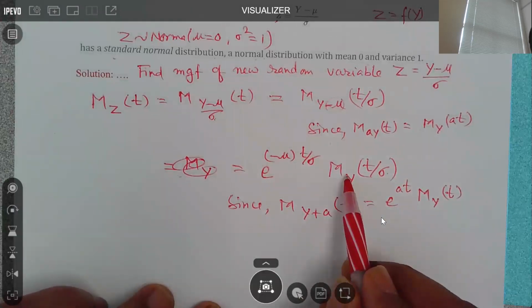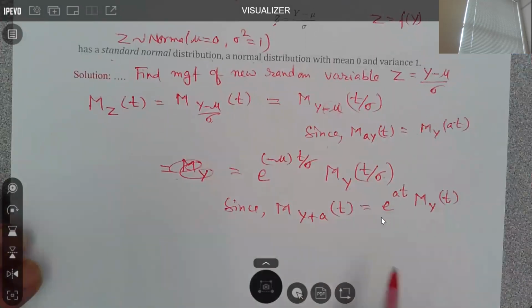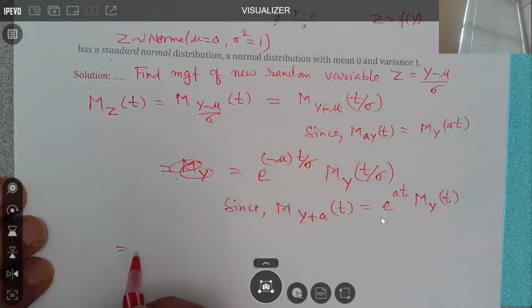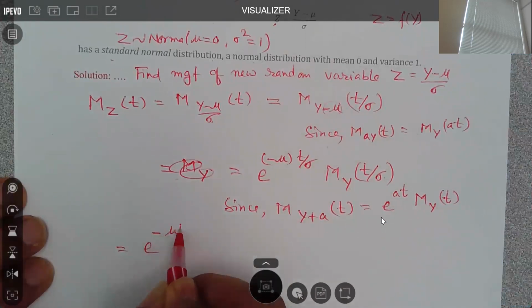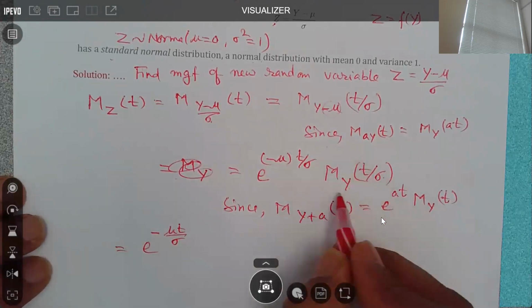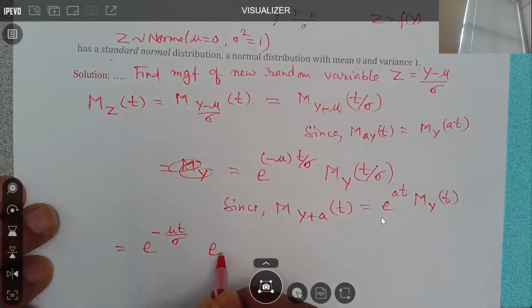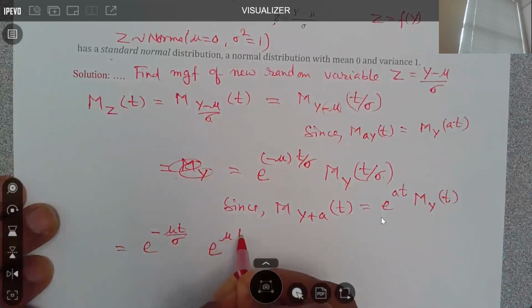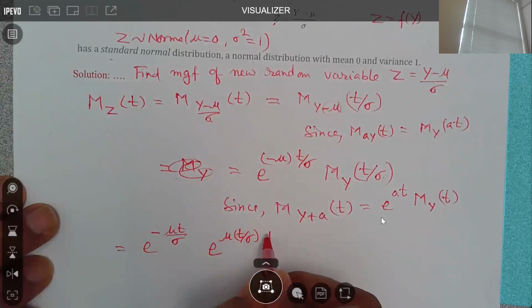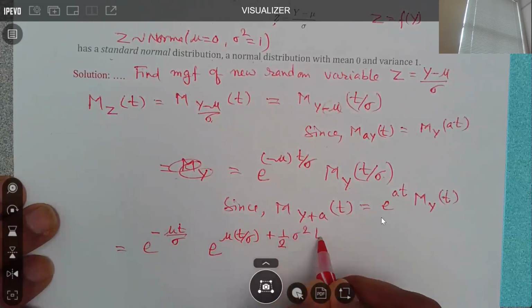Now we know the moment generating function for Y. So this is equals to e to the minus mu t over sigma times M_Y. Now Y is distributed normal, so we know the moment generating function of the normal: e to the mu t over sigma plus 1 over 2 sigma square (t over sigma) whole square.